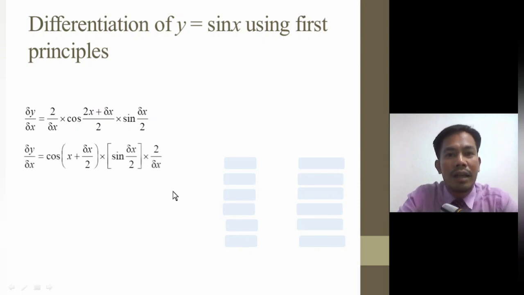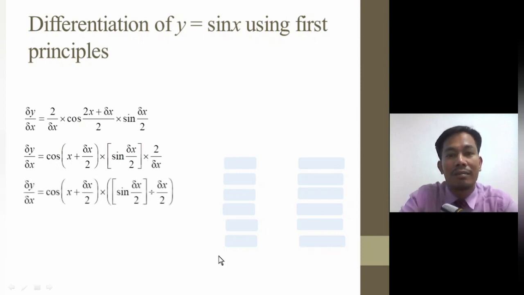If I want to change this multiplication to division, I take the reciprocal of the second factor and make this a division. So it means sine of increment of x over 2, divided by increment of x over 2.